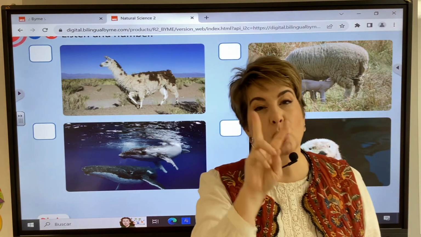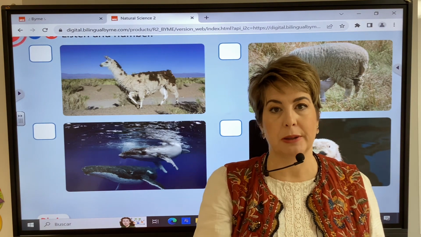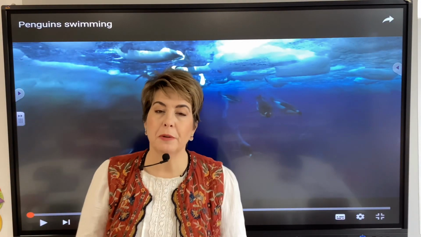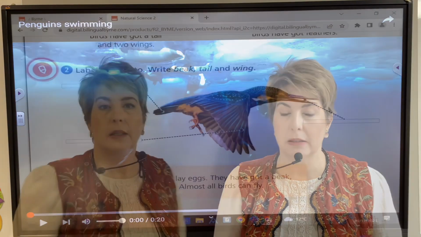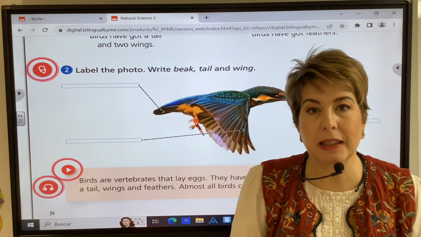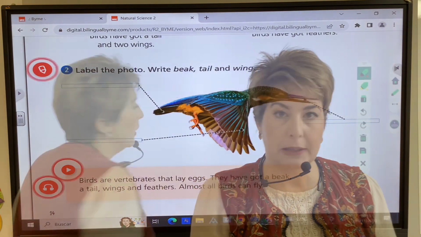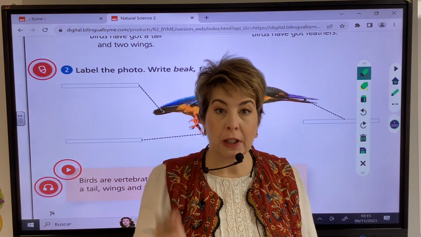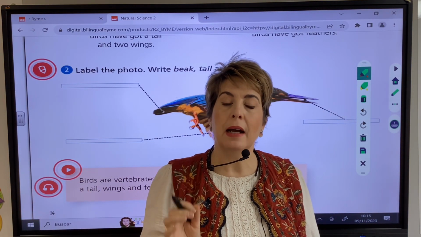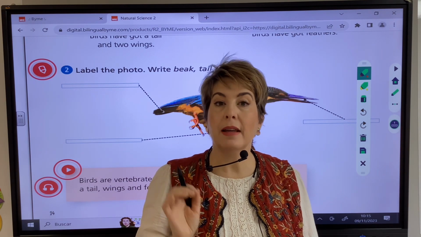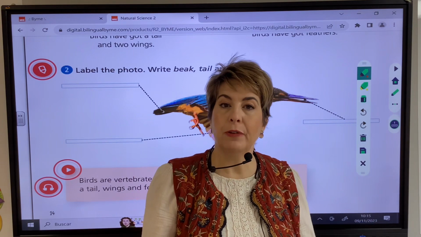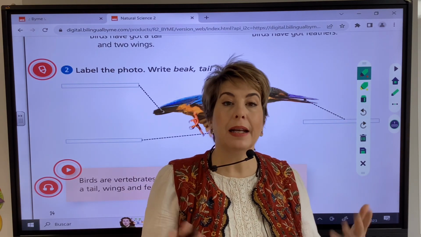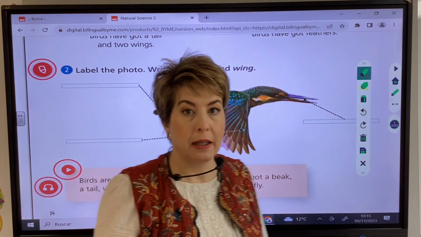Okay, let's go to the second group of animals. The next group of animals that we are going to study are birds. Let's see the characteristics of birds. Birds are vertebrate animals, so they have a skeleton. They are oviparous because they lay eggs, and they have different parts that help them fly.